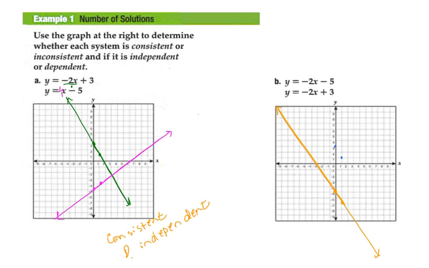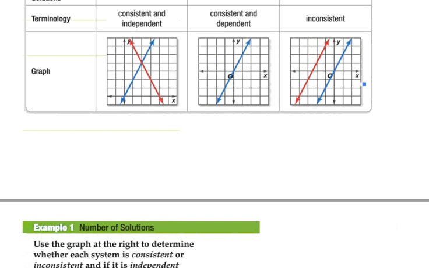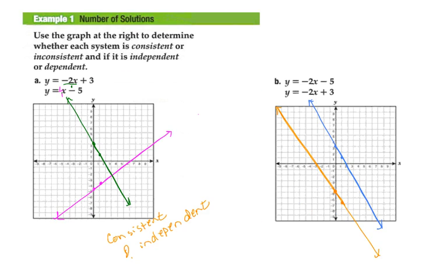So using my knowledge of slope-intercept form and slopes and parallel lines, I realize, even though my graphs are kind of ugly, they are parallel. It kind of looks like they're going to intersect down here, but they won't. They should be parallel. So no solution here. What was that called? That was called inconsistent, because we will receive no solution.